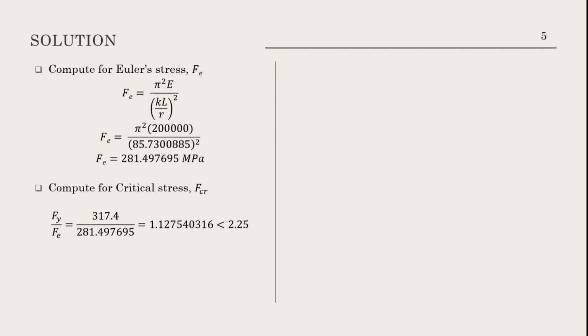Therefore, if it is less than 2.25, the formula for FCR is 0.658 raised to Fy over Fe times Fy. Okay? And then we substitute the values.